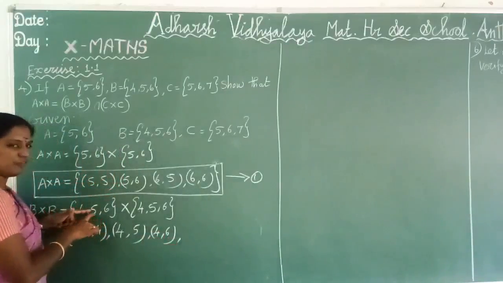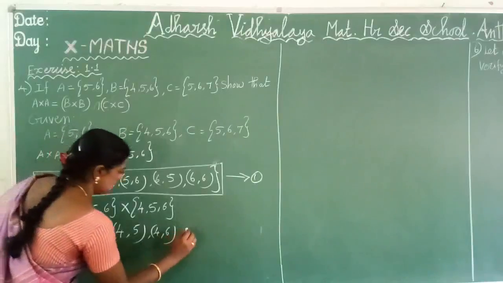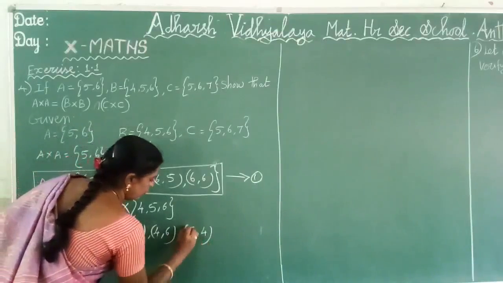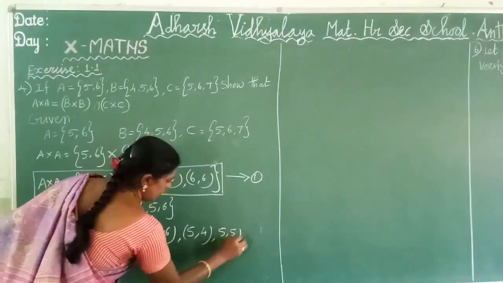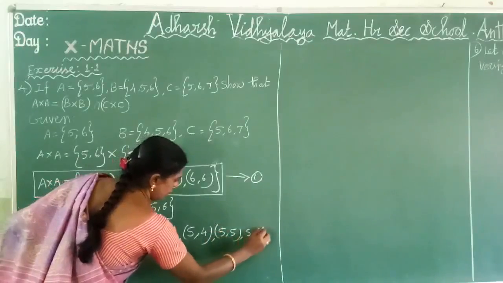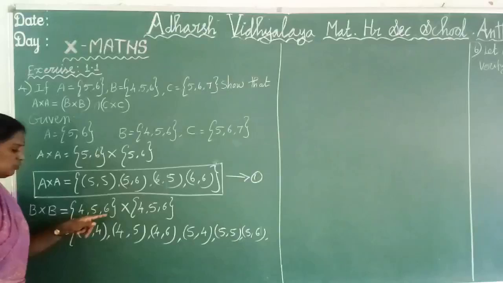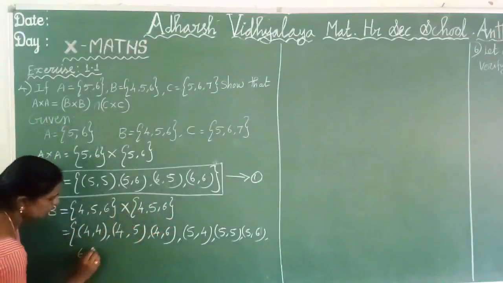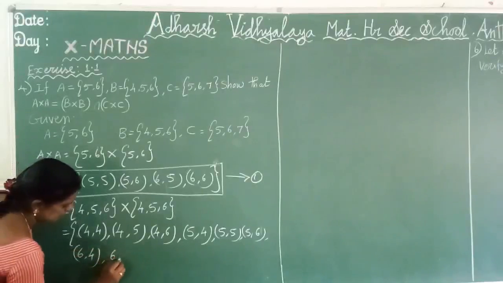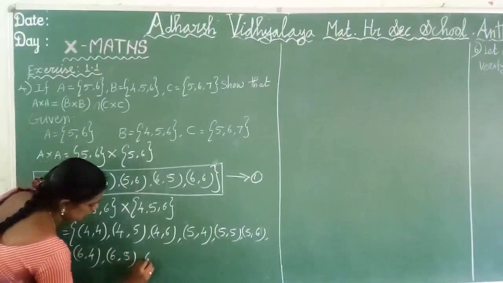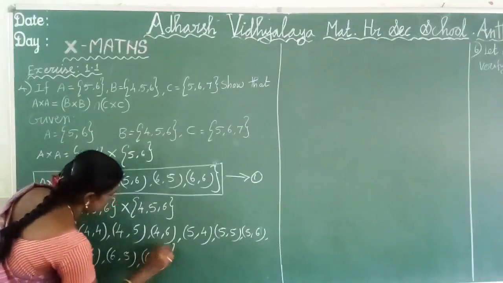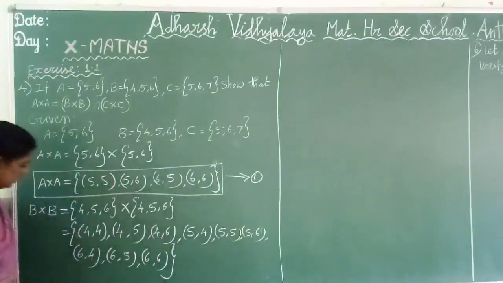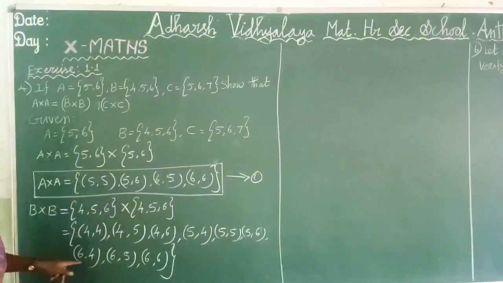Next take 5 with 4, 5, 6: (5, 4), (5, 5), (5, 6). Next, the third element 6 with 4, 5, 6: (6, 4), (6, 5), (6, 6). So that's all. This is the B cross B answer.